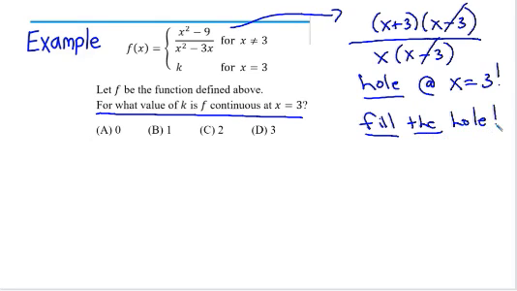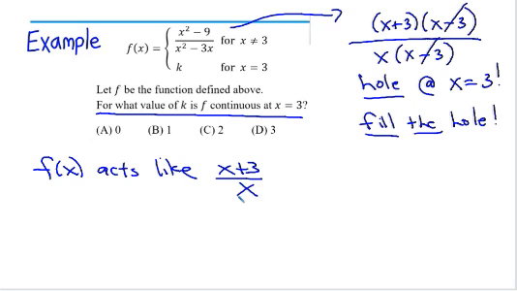Well, this function acts like the simplified version over there. If we were to look at this on the graphing calculator, the function would act like x plus 3 over x. It would act like this simplified version right there.